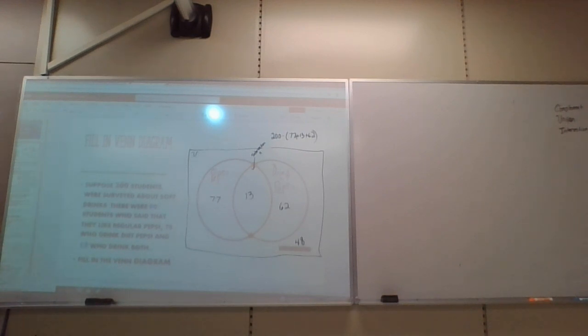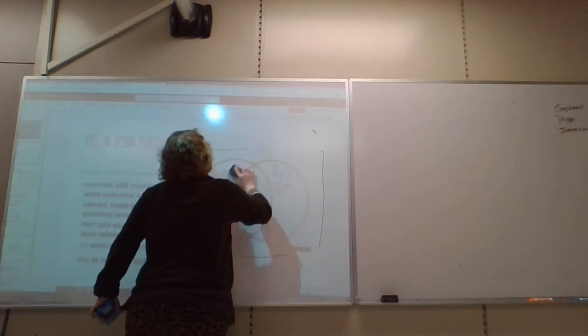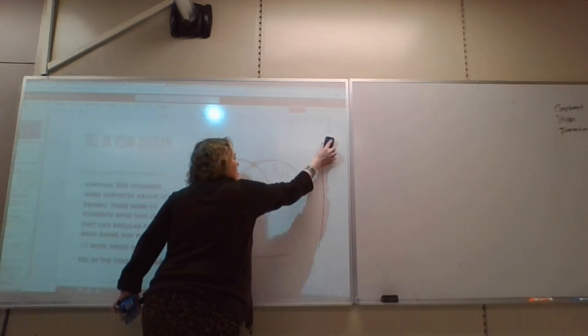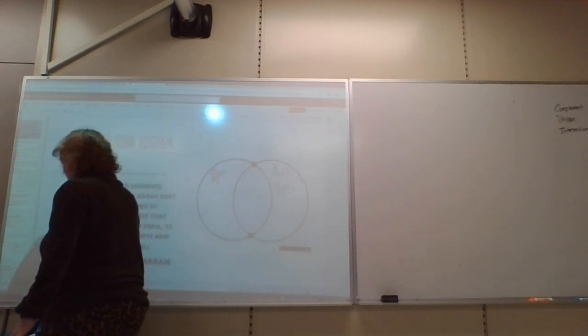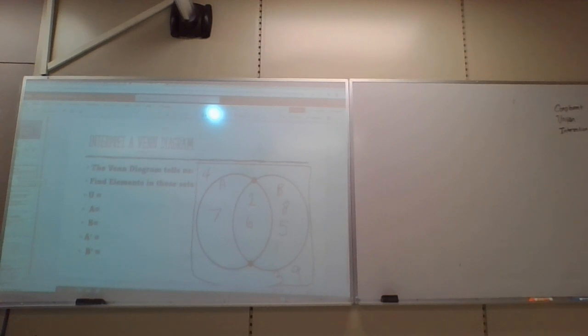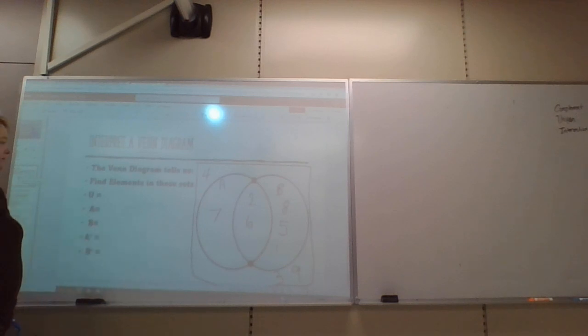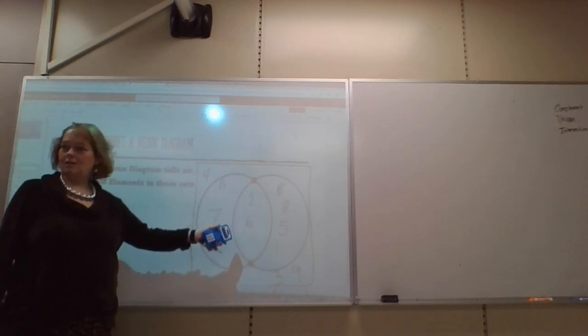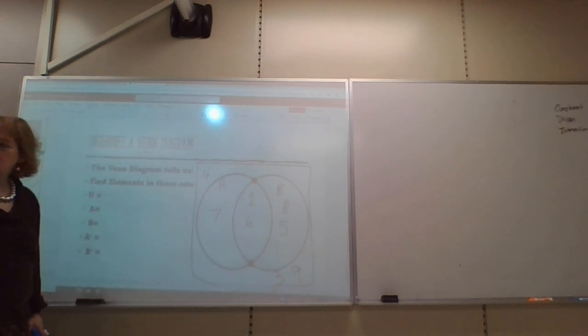Okay, so let me erase these. Let's go to the next problem. Now sometimes on ALEKS, you will have to figure out what this is. They give you this, and you're like, oh my goodness.